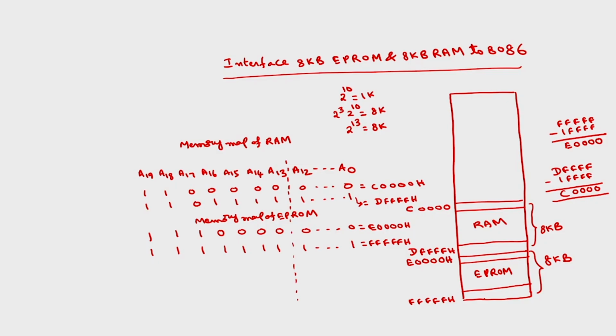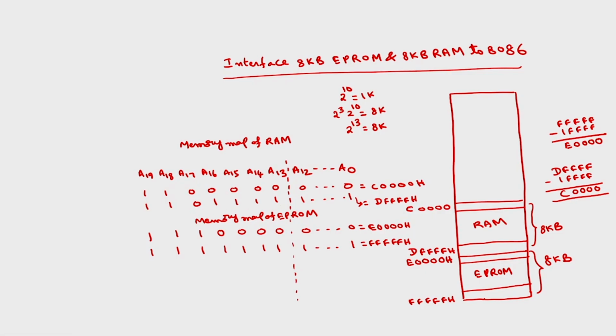If you observe this memory map, A19 and A18 are 1 in all the cases. Whereas A17 to A13 is all zeros for the starting address, and for the last address it is 0, 1, 1, 1, 1.